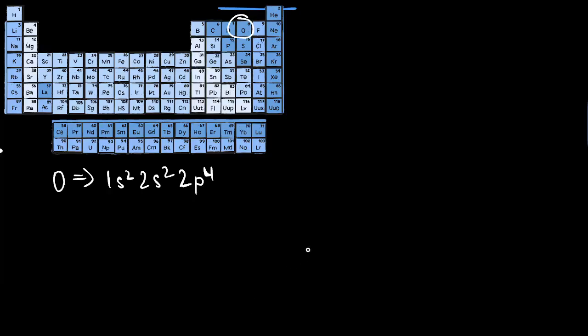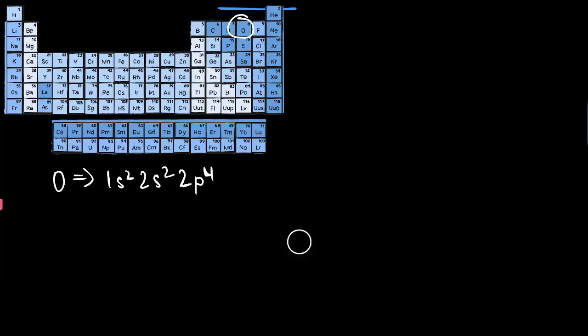Instead of just writing out the subshells, we show the orbitals using lines and then arrows to represent the electrons. Each electron is represented using either an up arrow or a down arrow to denote the spin. So this is a spin up and this is spin down. But each of these just represents an electron.